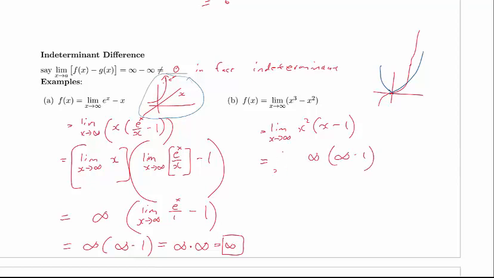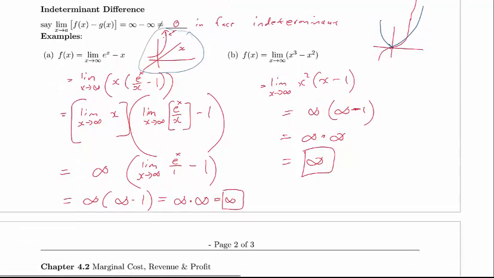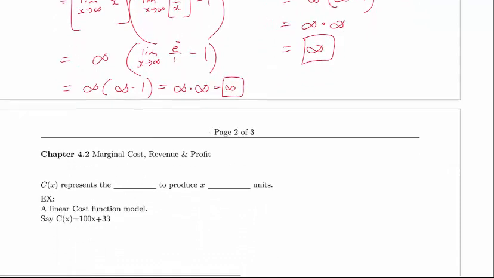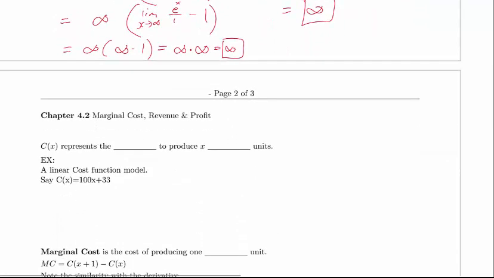I took the limit so we don't have to write that again. 1 less than infinity is just infinity itself, so we have infinity times infinity, which of course is just infinity. Alright, that's it, there we go. And so that is L'Hopital's rule and how we deal with indeterminate forms.